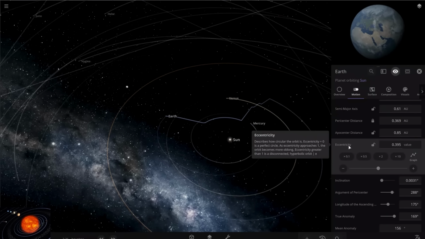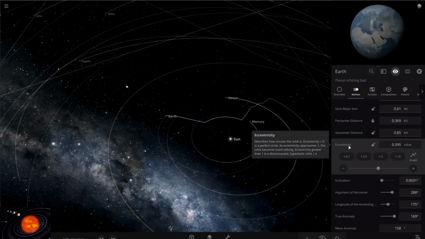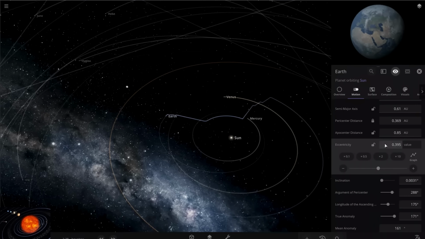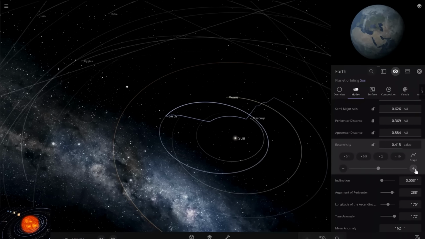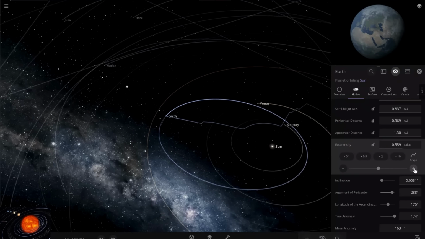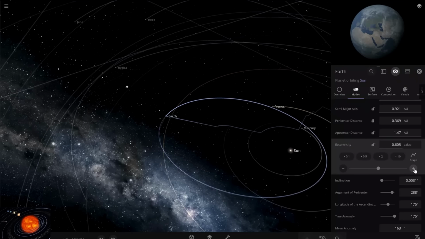It says maximum you can make this parameter up to 1, so it should be less than 1. If you make this parameter more than 1, your orbit would be teared apart. So right now this is around 0.4. If I increase it more and get close to 1, you can see that there wouldn't be any orbit.